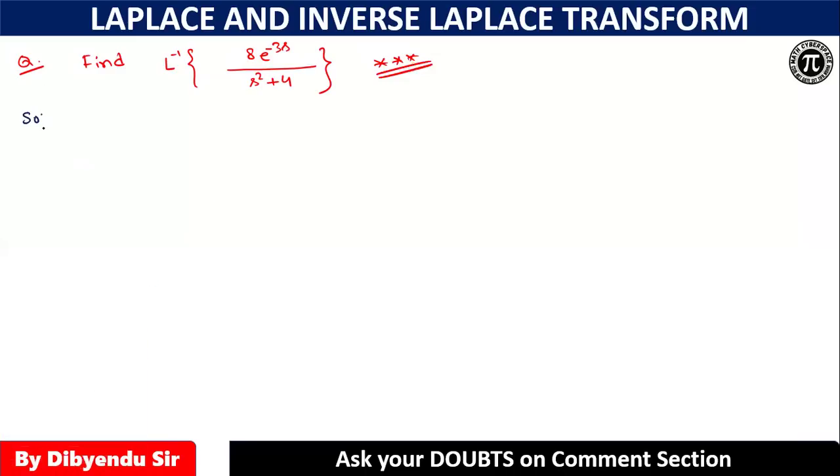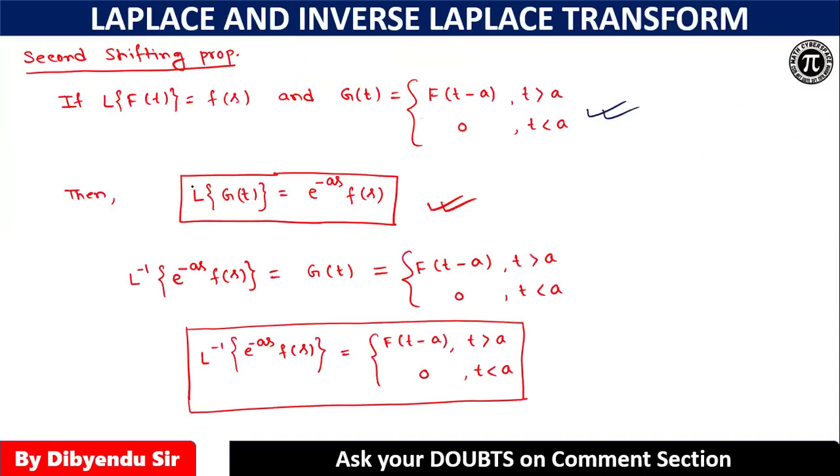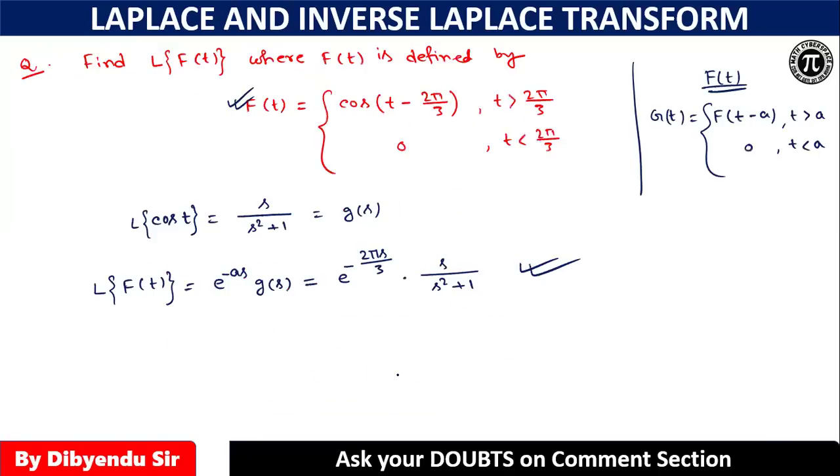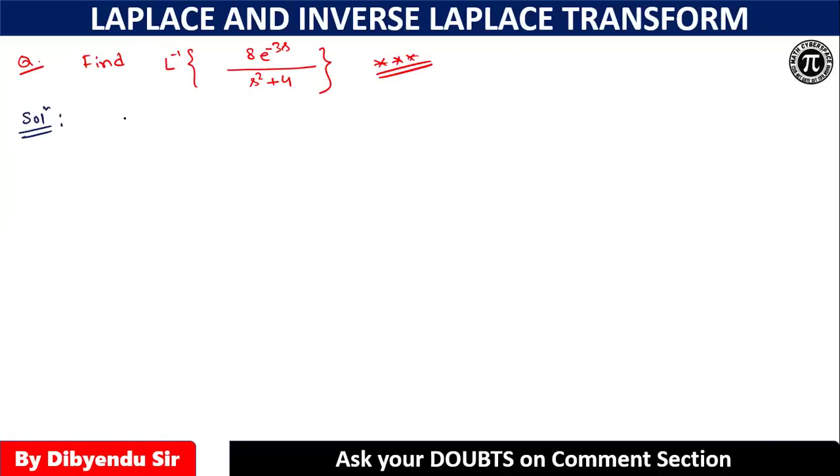Solution. Here you can see that e to the power minus 3s is multiplied by 8 by s square plus 4. You can take a look at the formula of Laplace inverse: when e to the power minus as is multiplied by f of s, the result is f of t minus a when t is greater than a, and 0 otherwise. So here f of s equals 8 by s square plus 4.